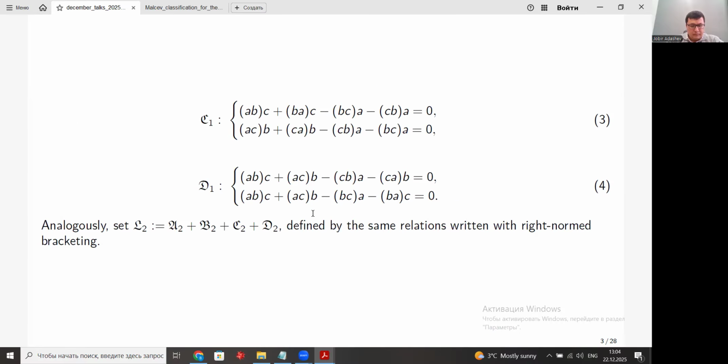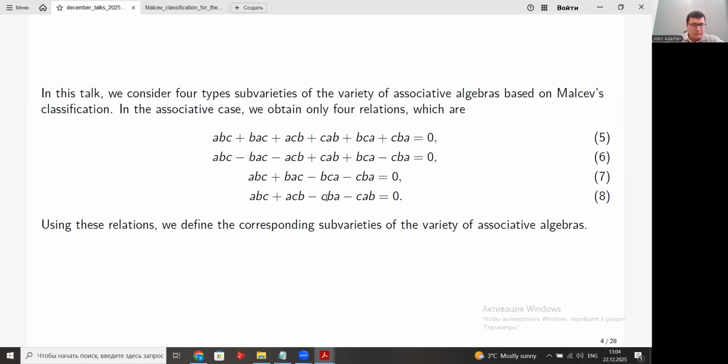In the variety of associative algebras, these subspaces can be written in this form. We remove brackets, and what we obtain in the variety of associative algebras is just four subspaces.